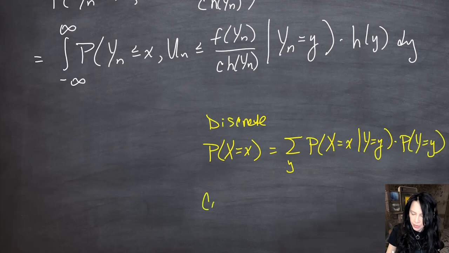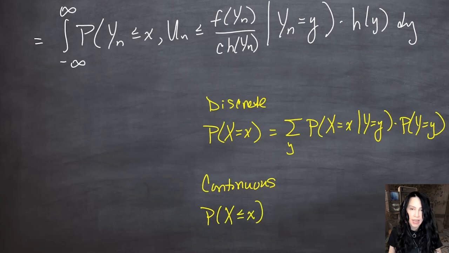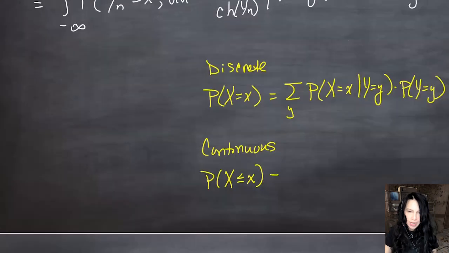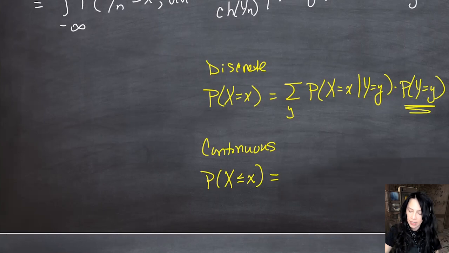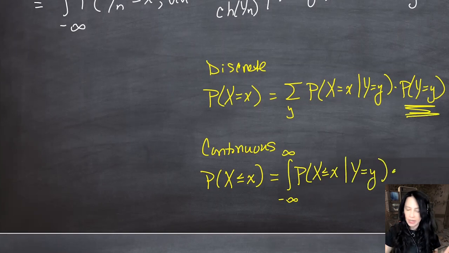In the continuous case, you are not looking at the probability that X equals x, but maybe the probability that X is less than or equal to x or some other event involving X. And you could bring in the Y PDF instead of the probability. So this sum is going to become an integral. The probability will get conditioned on Y equaling y, and the probability that Y equals y is 0, so it's going to get replaced by the PDF for Y.